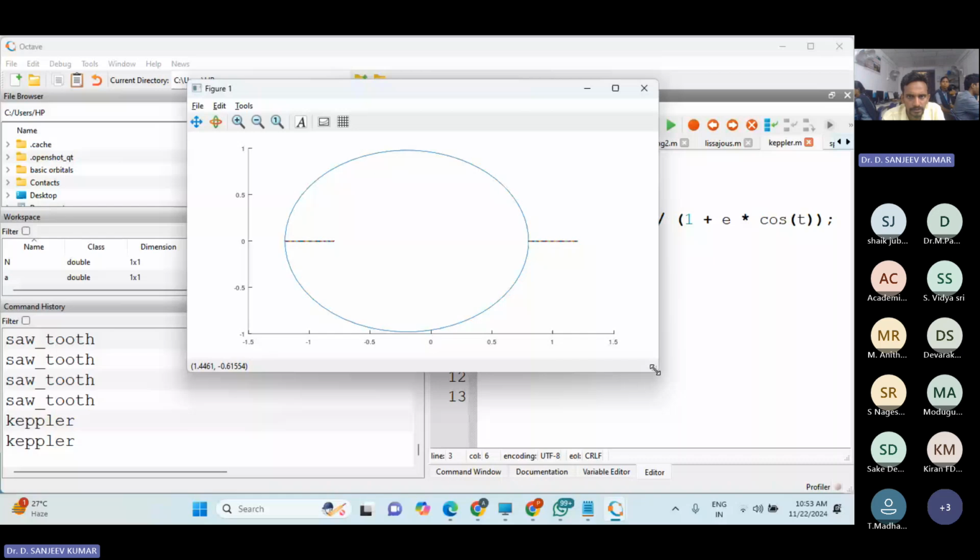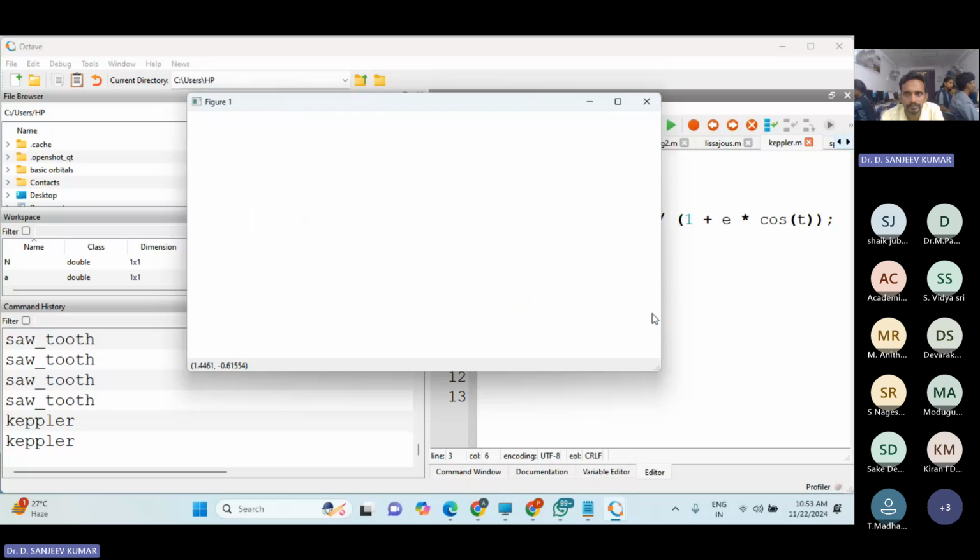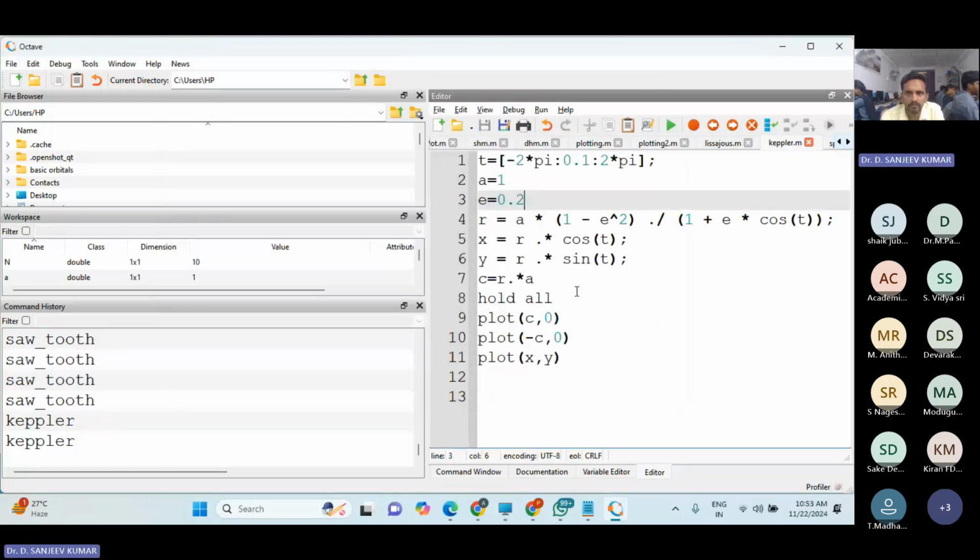So it is 3 units. So this is my ellipse. And when eccentricity is equal to 1, I should get a parabola.